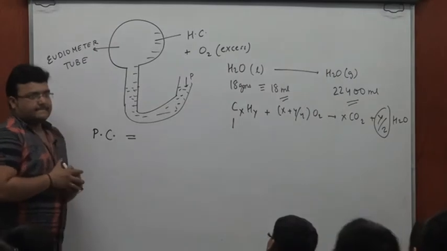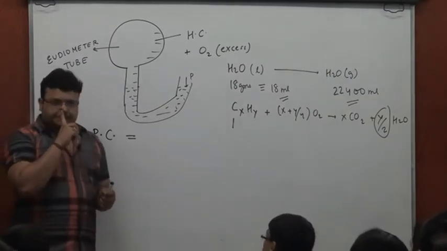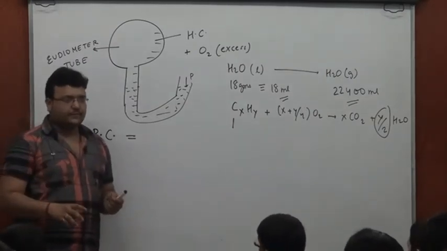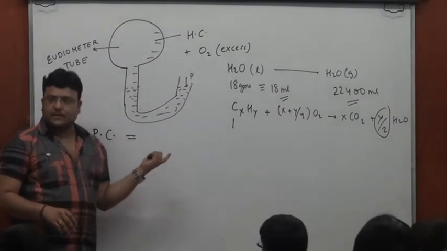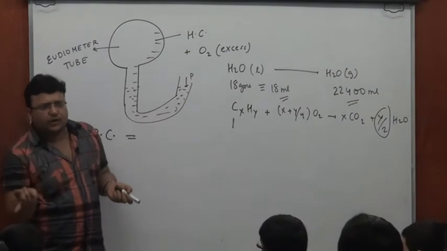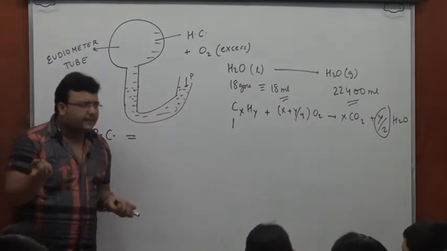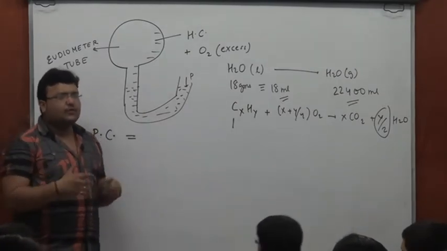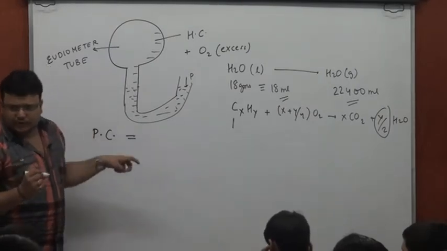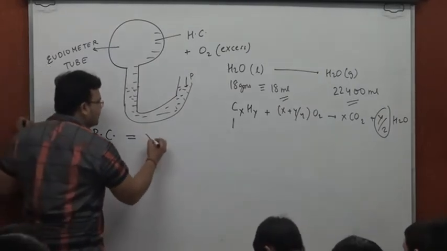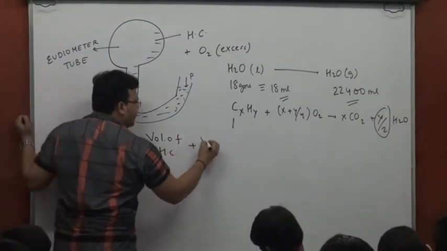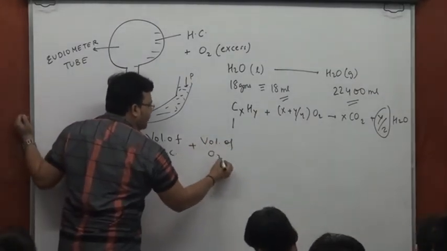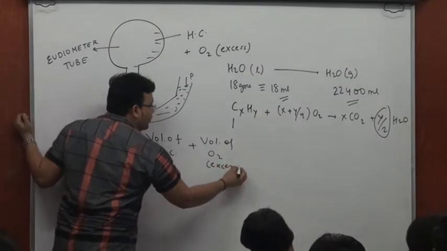And don't you think a contraction or a change in volume will be the difference of initial and final volume? So what you started with: volume of hydrocarbon plus volume of oxygen in excess.